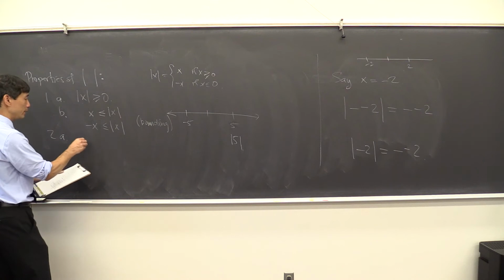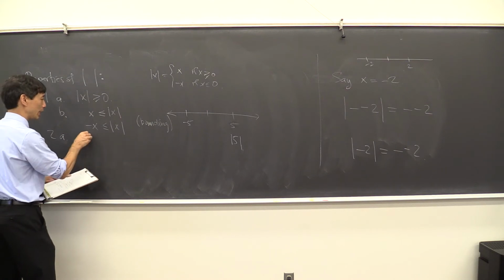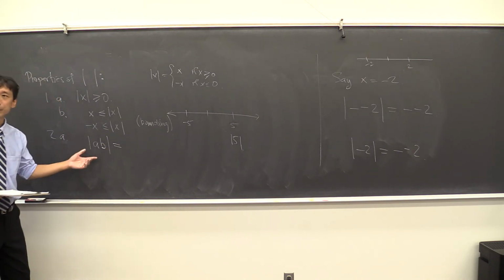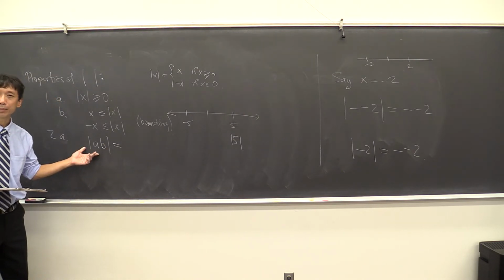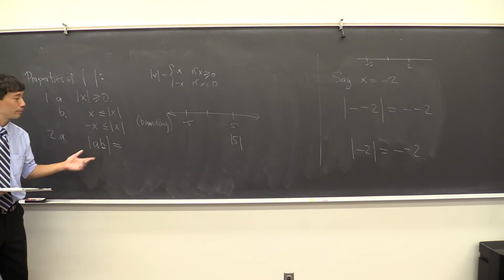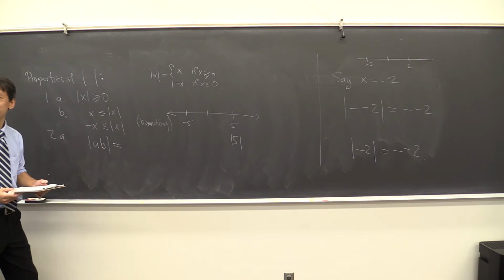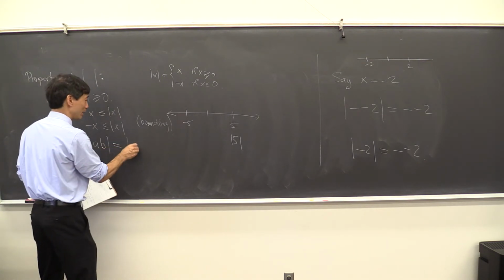Another property is how the absolute value works with multiplication. The absolute value of a product is equal to, does anybody know? Yes, it's the product of the absolute values.